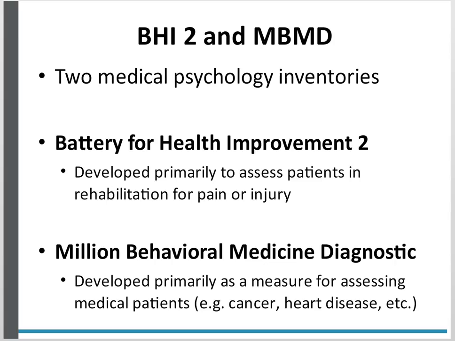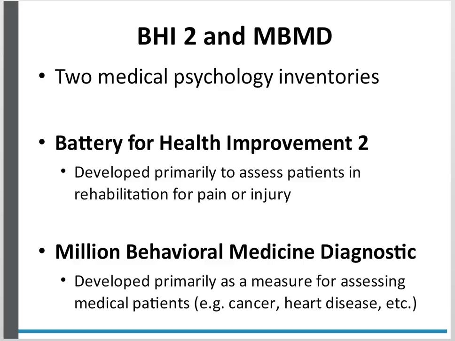In contrast to the psychiatric tests we've been discussing, the BHI-2 and MBMD are two medical psychology inventories designed from their inception to assess medical patients. Although these two tests are both medical psychology inventories, the two tests are quite different.